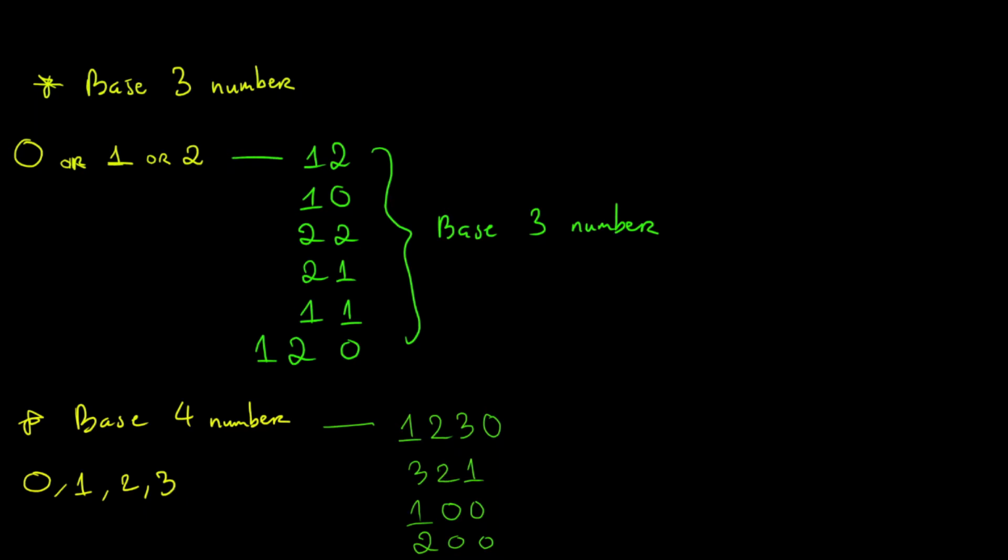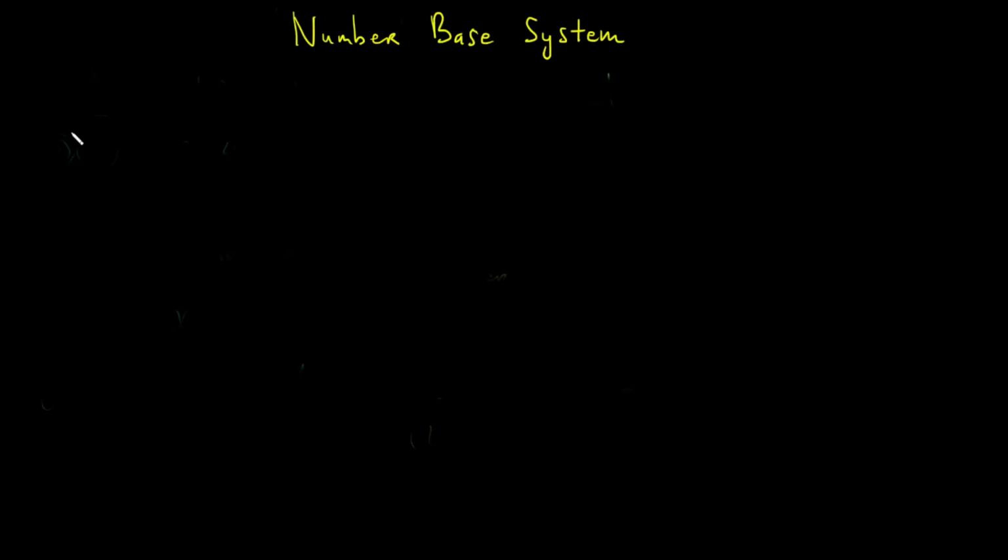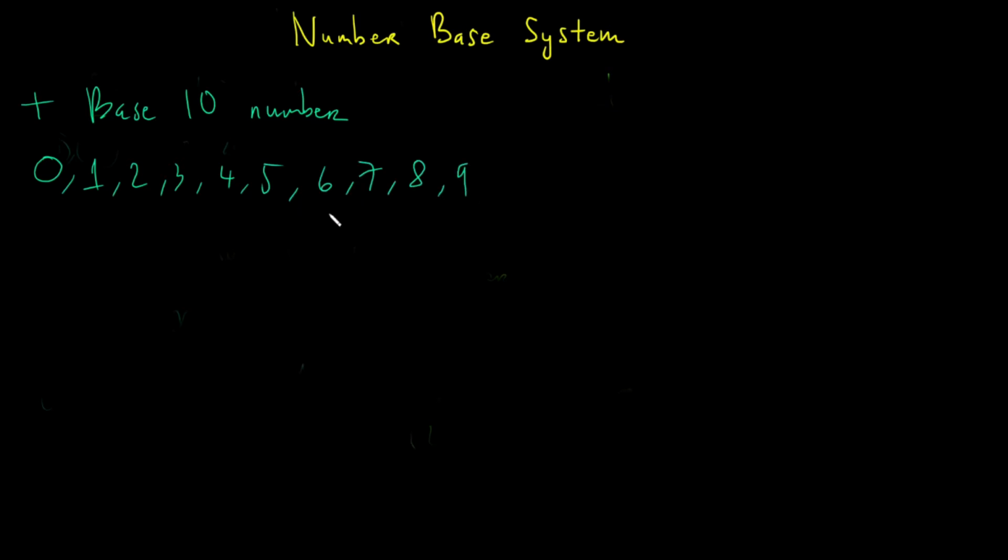All right. Now let me introduce one of the popular base numbers that we use in our life, which is the base 10 number. A base 10 number is any number that can be created by the following: 0 1 2 3 4 5 6 7 8 9.